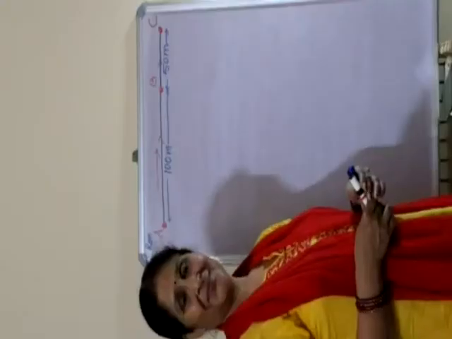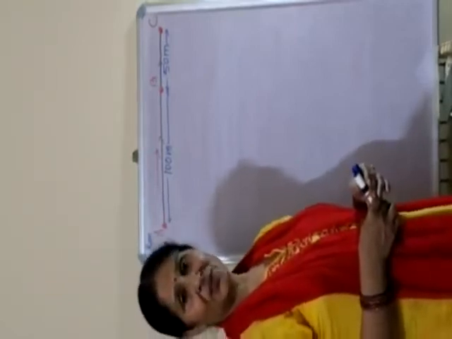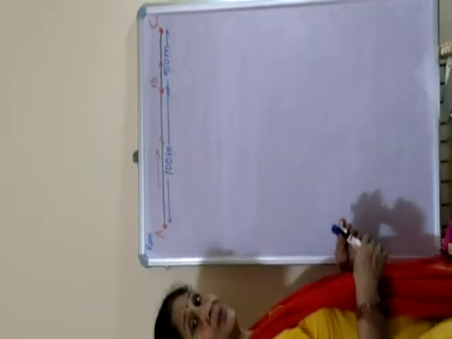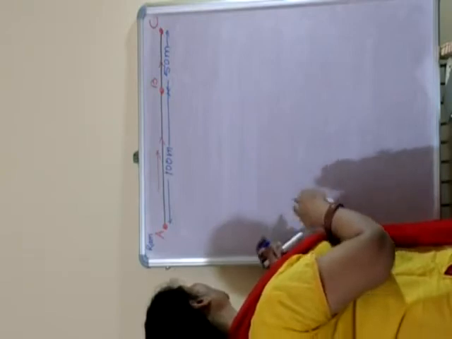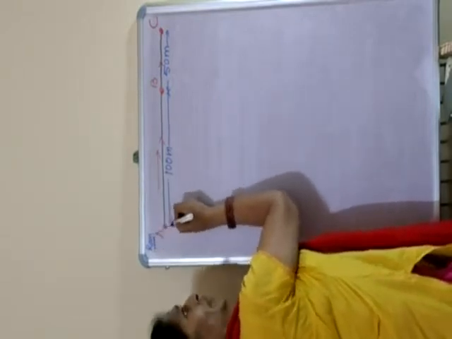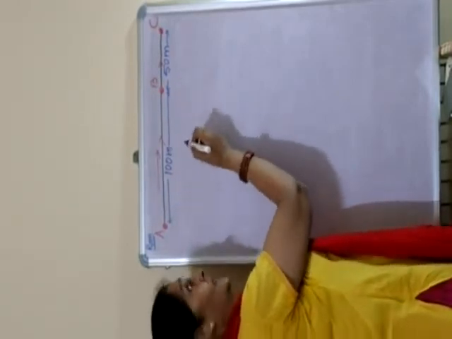Let us discuss another example to understand distance traveled and displacement. Look on the board here. Suppose Ram is traveling from A to B, and the distance between A and B is 100 meters.